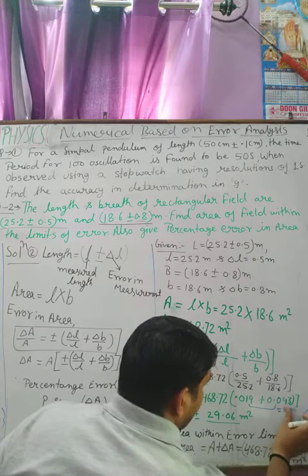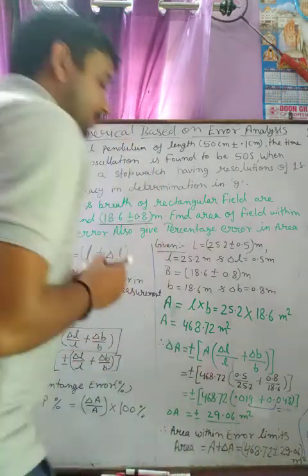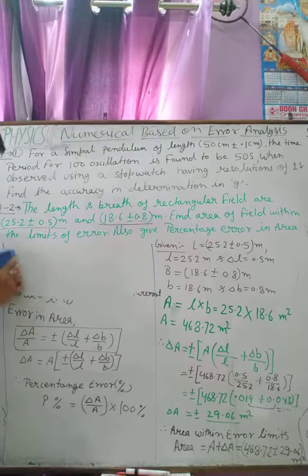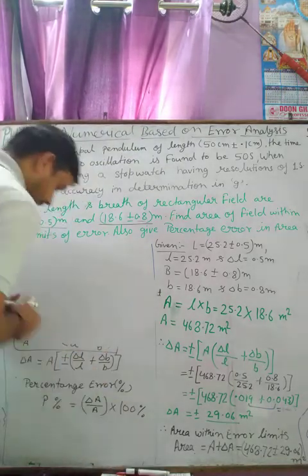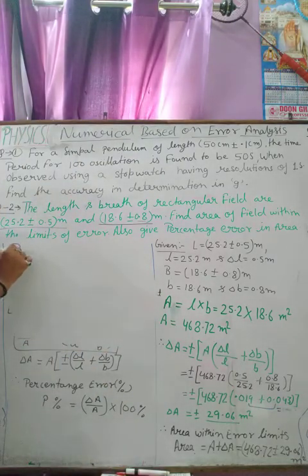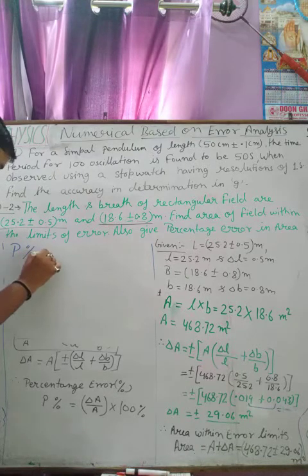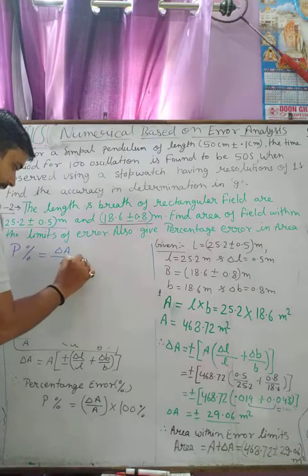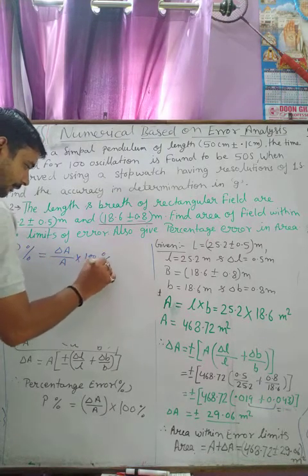Okay, this we will do after this. Now here, percentage error in area is given by del A upon A into 100%.